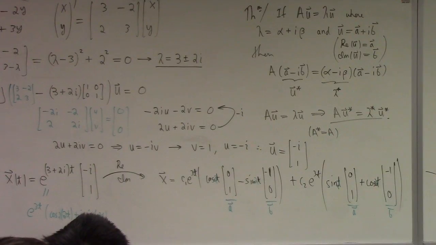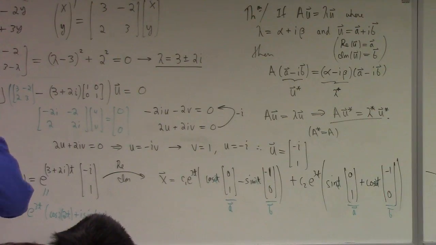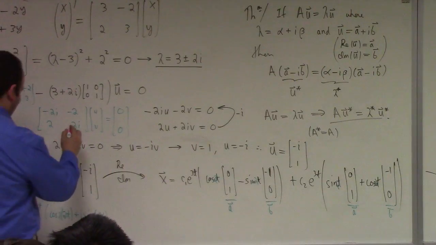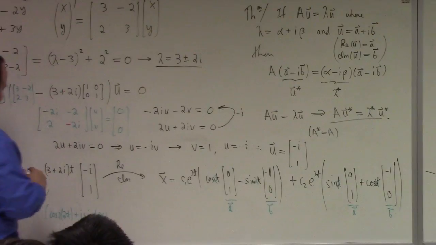When you started doing your lambda equals 3 plus 2i, in that first step, the matrix that results is wrong. You need a negative 2i in the bottom right-hand corner. Okay. I feel like that changes things.